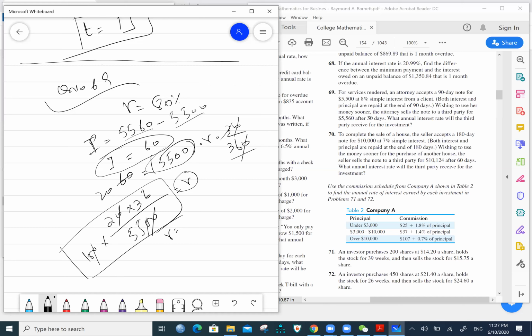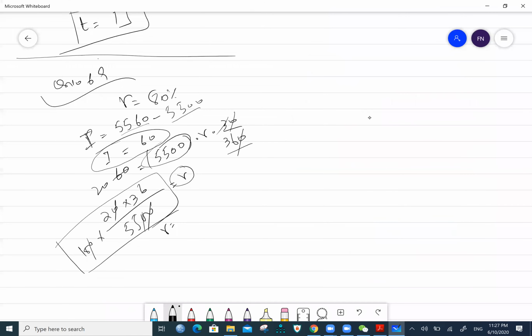No, it is because we are given time in number of days. When you are given days, weeks, or months, you convert it into years accordingly.